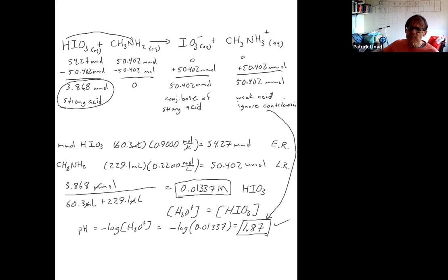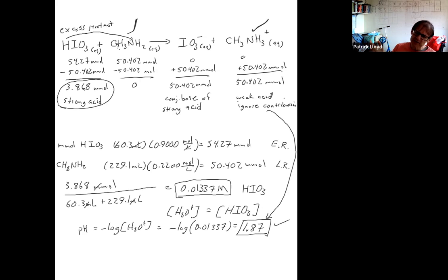Okay, so keep in mind with that particular problem, what happened was the excess reactant was the HIO3, not the methylamine, CH3NH2. With this problem, our approach actually changes. The details of the calculations change if the methylamine is the excess reactant, because that means we'll have some of it left over, and we'll have a weak base, and then we'll have its conjugate acid.